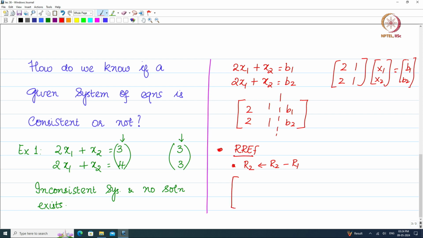So what do we get? We get 2 1 B1, 0 0 B2 minus B1. So if you see here, if B2 minus B1 is equal to 0, then for such B values you will have a solution.